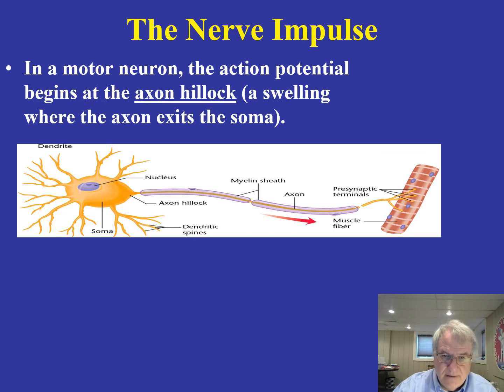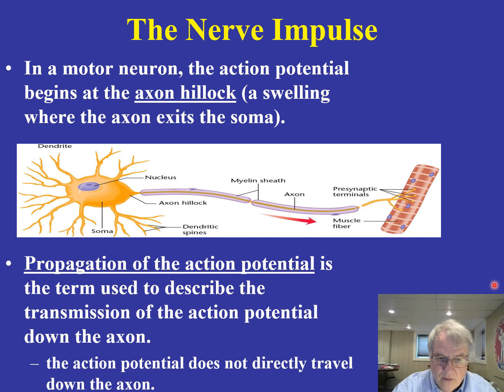So again, our action potential is flowing from this axon hillock down the length of the axon to the presynaptic terminal area. This axon hillock is where the action potential is generated. That's where it actually begins. And one of the things that we know is that the action potential is always going in this direction that we see here.